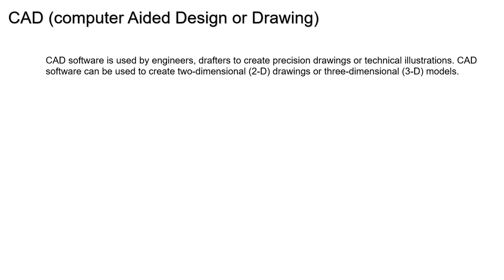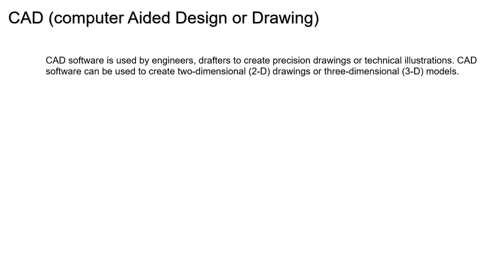Now we're going to move on to computer aided design or drawing. CAD software is used by engineers and drafters to create precision drawings or technical illustrations, which is called CAD. CAD software can be used to create two-dimensional or three-dimensional drawings. Nowadays we cannot separate this into 2D or 3D.